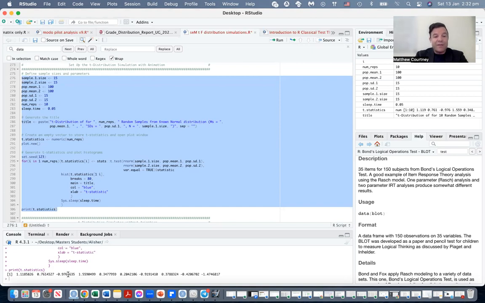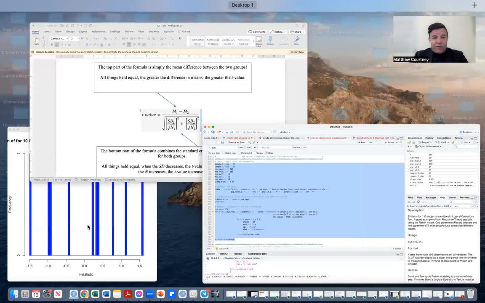Then we get a negative value. Positive, slightly positive, negative. So we're getting a mix here, a mix of results based on that random sample of 15 males and 15 females. Sometimes the females have a higher IQ, sometimes the males have a higher IQ. All right, so we can graph those results.